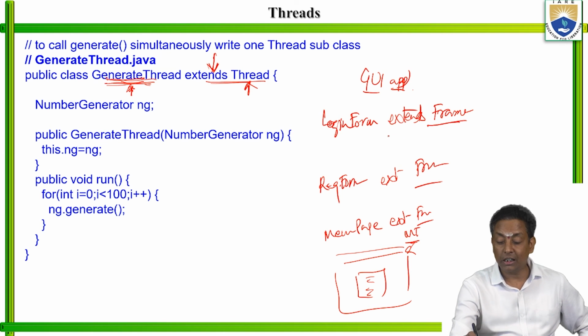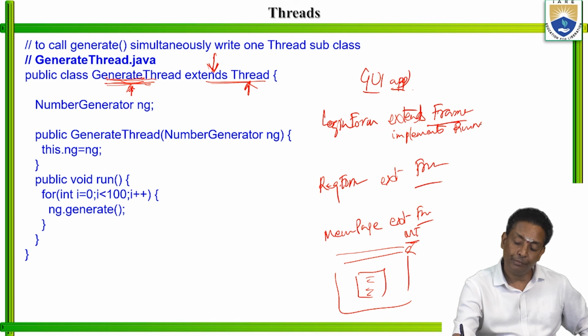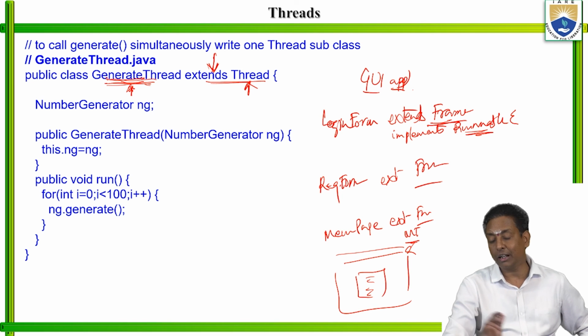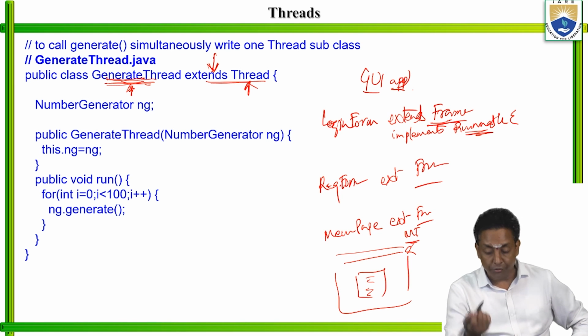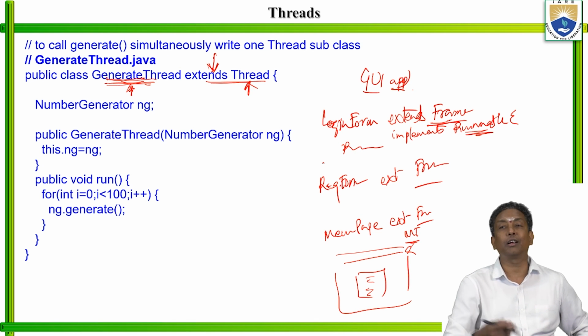But if you implement the Runnable interface, on one hand you have graphical user interface ability, and as well you get multithreading ability, both at a time in your class. If not, you can also implement Runnable as an anonymous class.